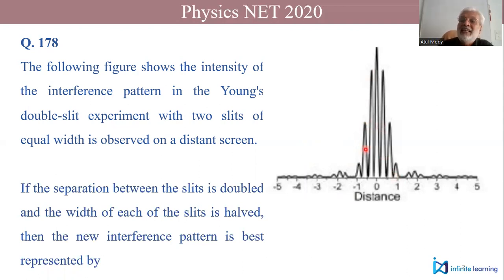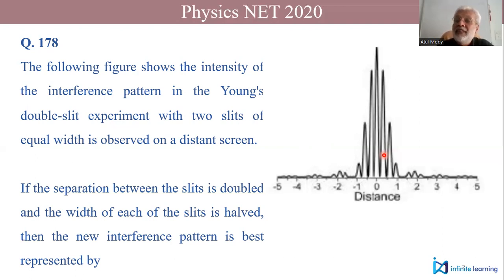So, if we increase the separation between the two slits, then the double slit interference fringes will start coming close to each other. Remember, one of the conditions for a distinct interference pattern is that the two slits should be as close as possible. Okay? But in this case, they are saying that the separation between the slits is doubled. So the fringes will become thinner.